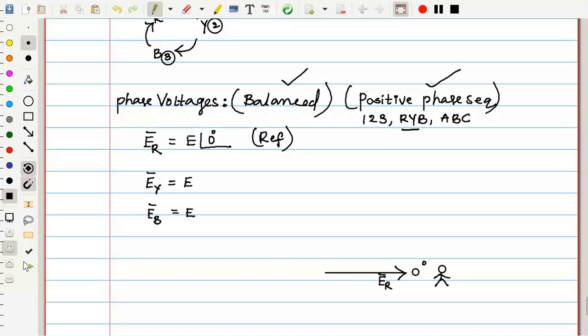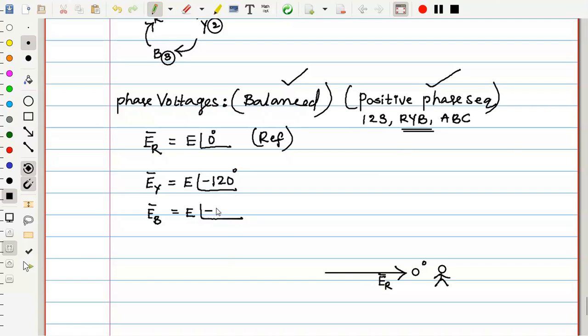Y. It is a positive phase sequence, so after R it should come as Y. So Y should be delayed by an angle of minus 120. Similarly, you can see what the B phase will be. The B phase will be further delayed by 120 degrees.